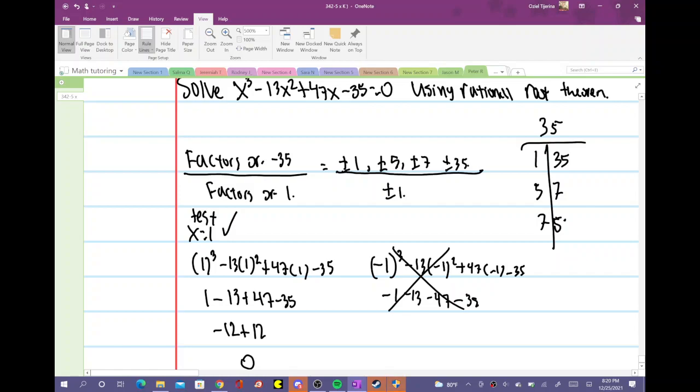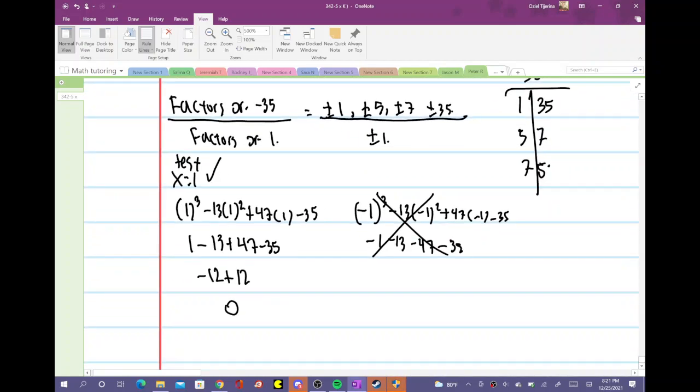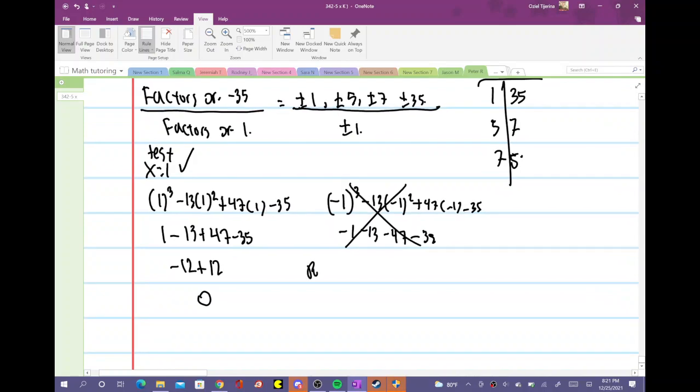So negative 1 cannot work, right? Basically, the possible roots are 1, negative 1, 5, negative 5, 7, negative 7, 35, and negative 35. So we already know that negative 1 does not work.